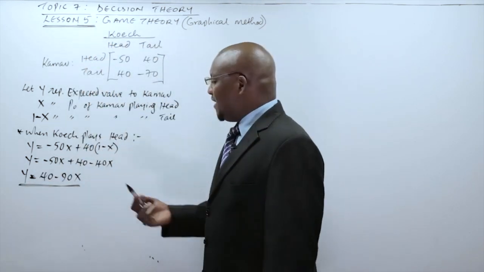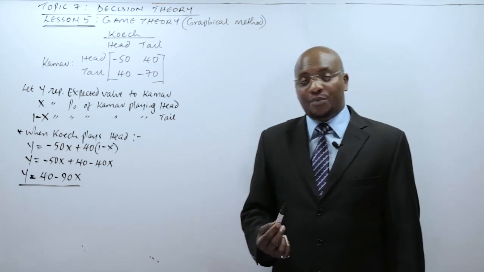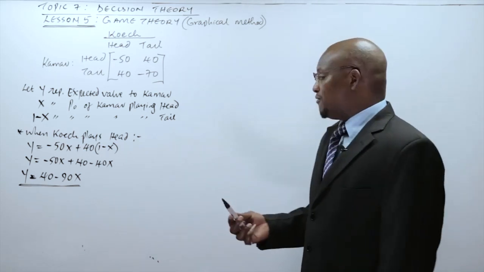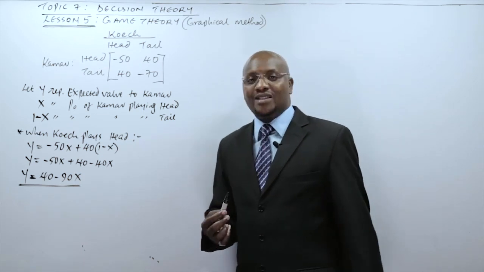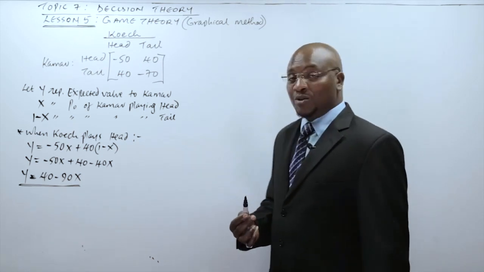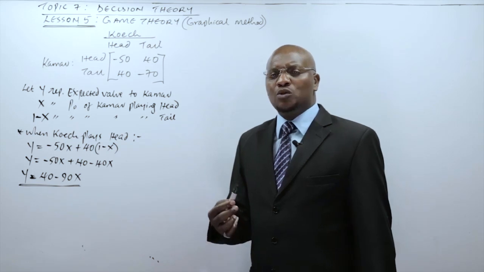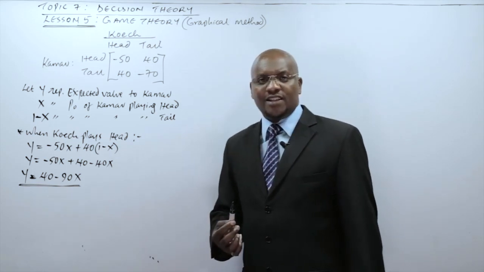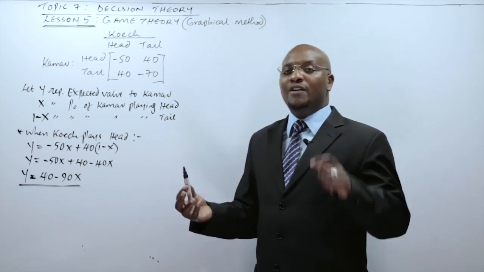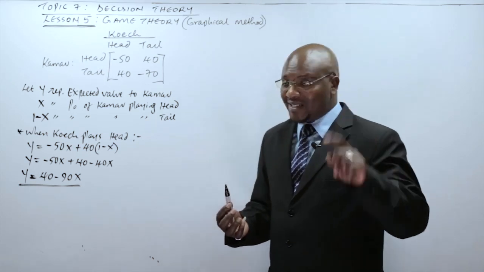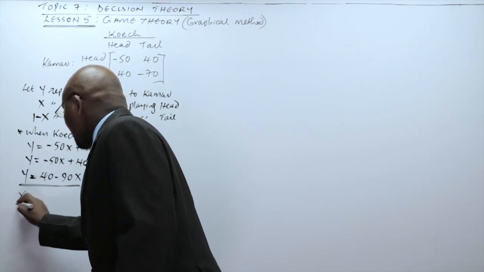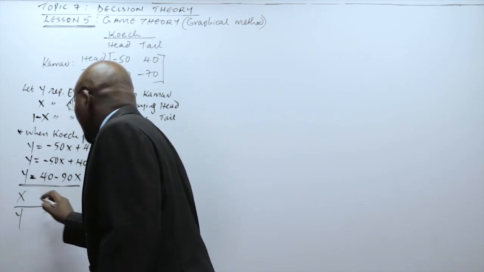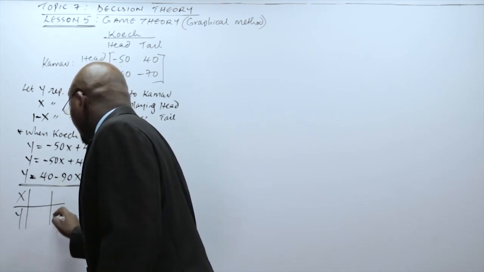Now, this being a linear function, algebraically it shows that on the graph this will be a straight line touching the y and the x-axis. And because it's a straight line, we don't require many coordinates. We require only two coordinates, one touching the y-axis, the other touching the x-axis. We can ask ourselves, if y is and x is.